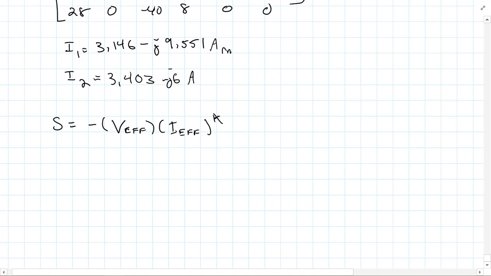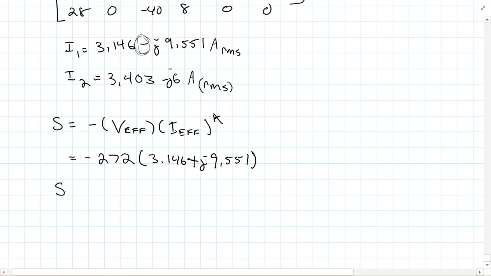And maybe I should put here that these are of course in RMS. And we know that because the voltage was given in RMS. So then S is simply going to be negative 272 times my I1, which is 3.146 minus j9.551 conjugate. So the conjugate would make that a plus. So again, you're taking a conjugate here, so that's why I wrote that as a plus.